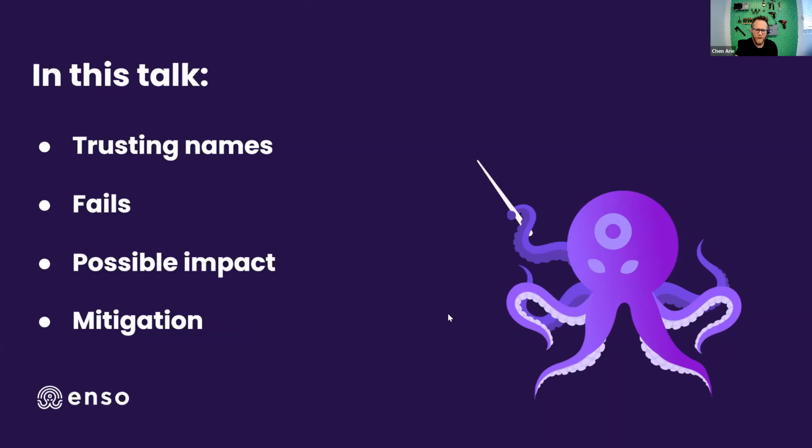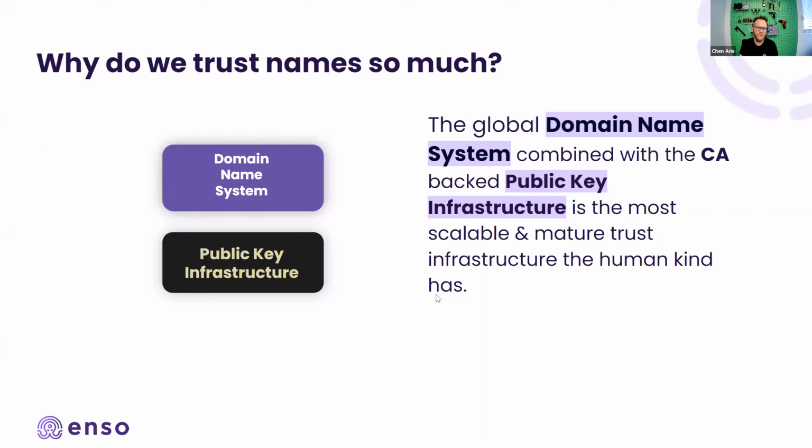So let's start with a little bit about why do we trust names so much? On a fundamental level, the combination between the global DNS system, the domain name system, and the public key infrastructure is arguably the most mature and scalable trust system that we have on the planet, that humankind has. It is battle tested, it has been through a lot, and it basically powers the internet as we know it today, especially when we talk about web technologies, about things that run inside your browser.